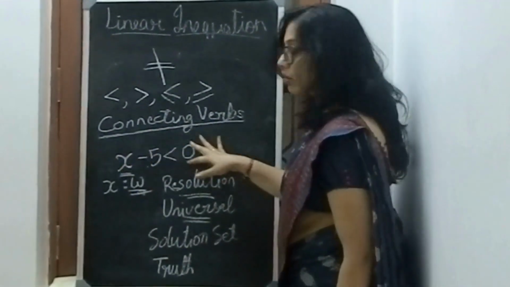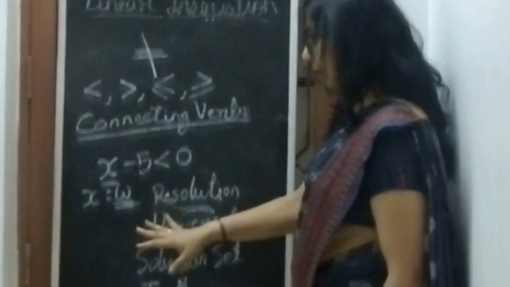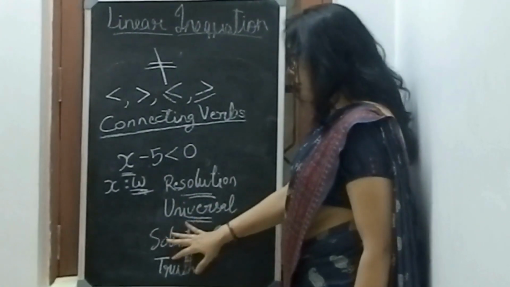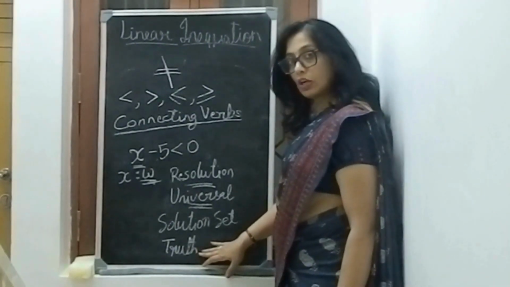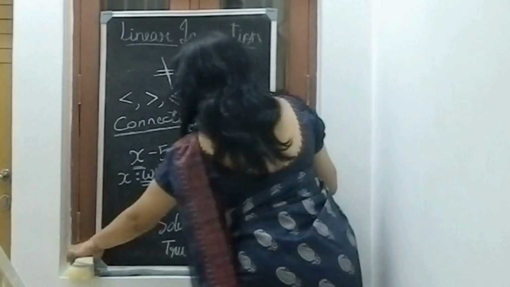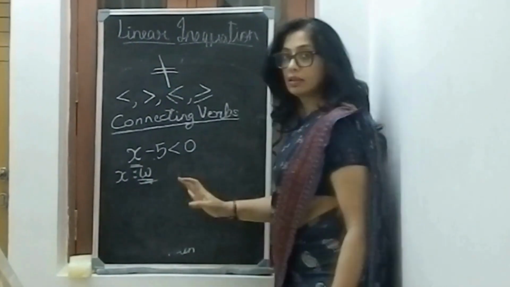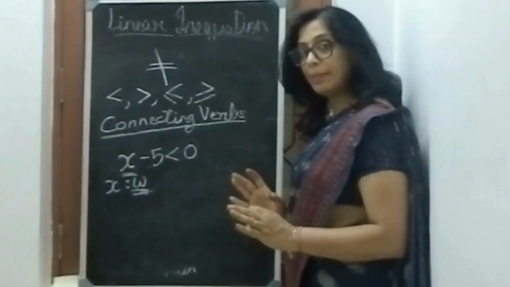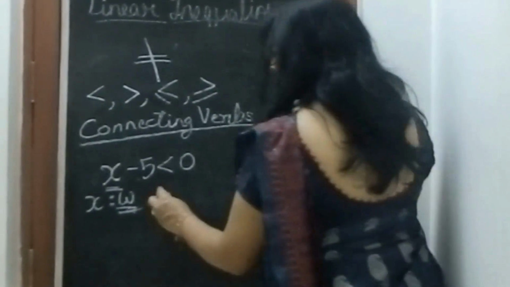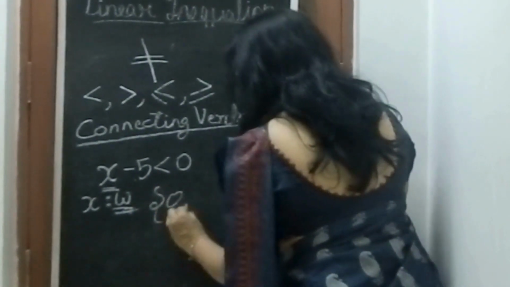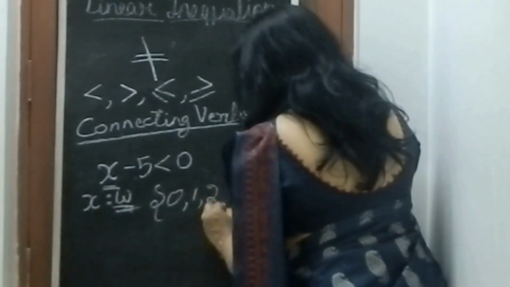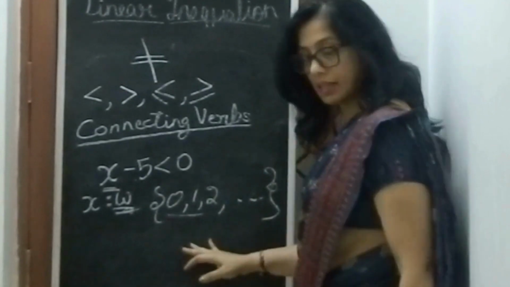And after solving the equation, the numbers I get will be either the solution set or the truth set. Okay. Now, the numbers that are in the set are called elements of the set. Please remember that numbers that belong to a set are known as elements of the set. These numbers are called elements.